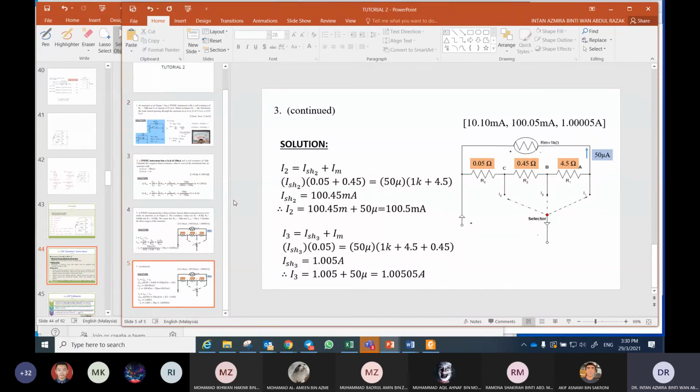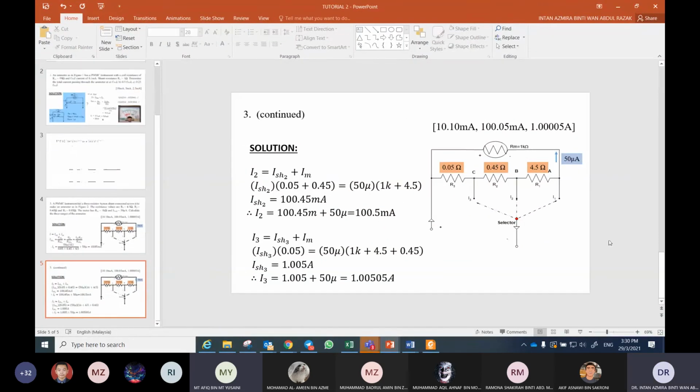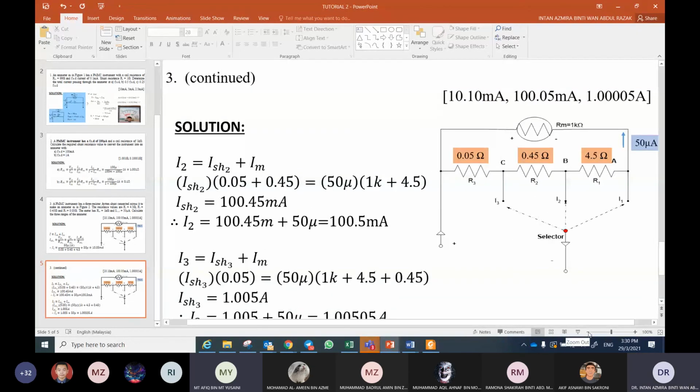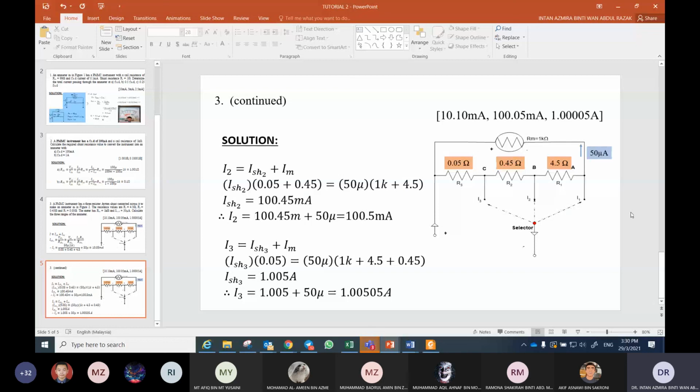No, I'm just confused. Why add up for I2 must plus 1K? Okay, now you understand or not? Kinda. You want to repeat your question? On the I2, which slide here?